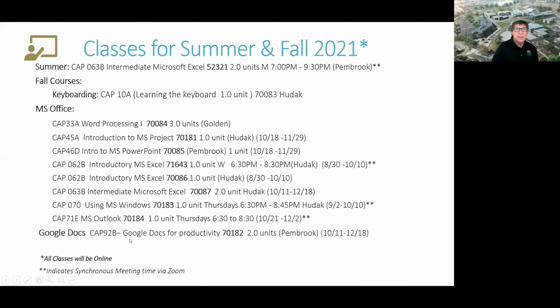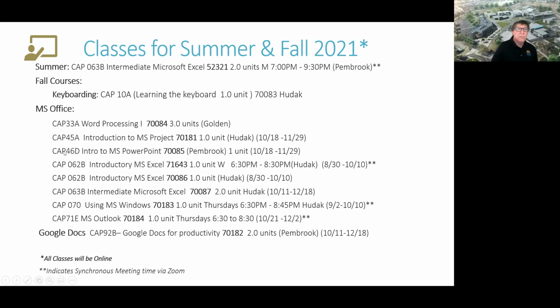You can see this in our catalog, but we synthesized it. We do have one summer course, an intermediate Excel. So if you took an intro to Excel at Mission or other colleges, you can take this. It's a 6-week course, and Mr. Pembroke will be teaching it synchronously every other Monday night from 7 to 9:30. All of these courses are online except the ones with a double asterisk, which are synchronous.